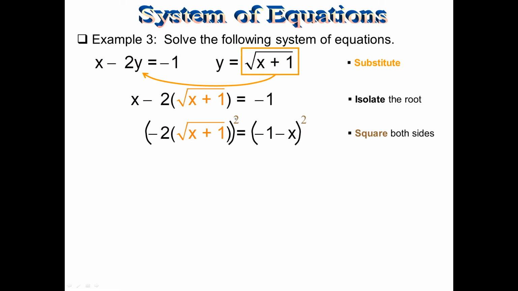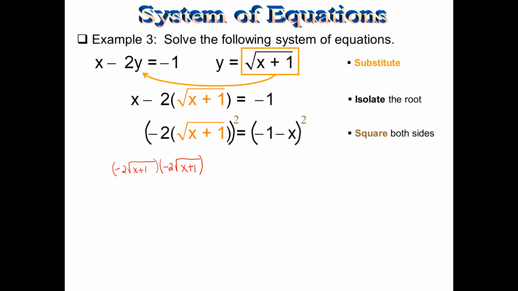Remember when you square something, what you're doing is you're writing it twice, right? Like if I squared this, it would be -2 times square root of x plus 1 times -2 times square root of x plus 1.